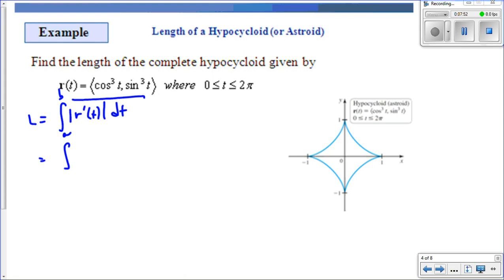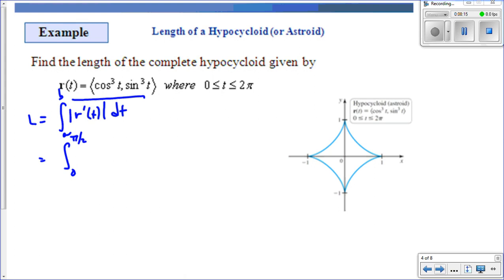If I see symmetry, I want to take the smallest piece that I can. The reason for that is that sometimes on these functions, you could have some values that may not be positive for the function and it may not give you the right answer. So pick the smallest piece that you can use and then use symmetry to get the rest. So I'm going to go from 0 to pi over 2.